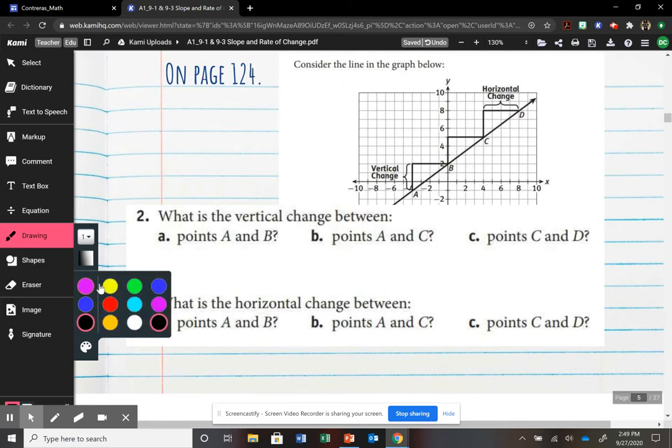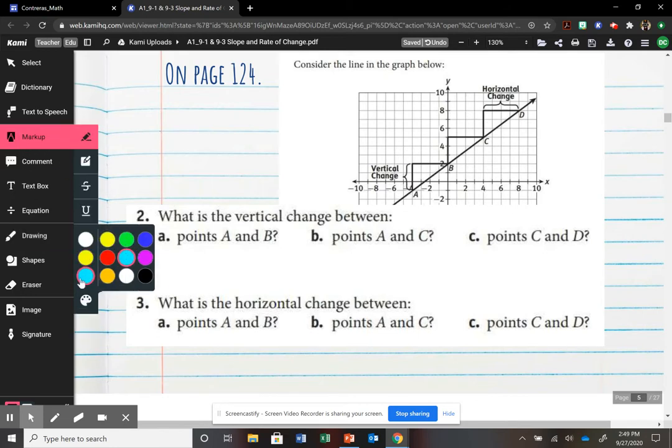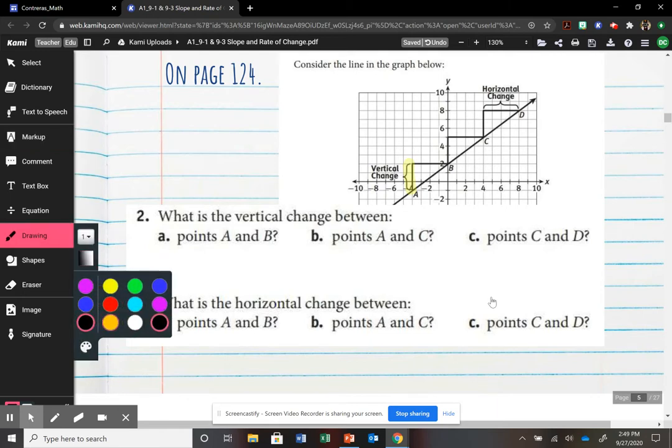So first we have, what is the vertical change between points A and B? So here's A and B, and we want the vertical change. So that one ended up being this right here. This is our vertical change. Okay, and all I want to know is how many units. So this we can actually count, right? So let me get out my marker. Okay, so we started here and we went up 1, 2, 3.